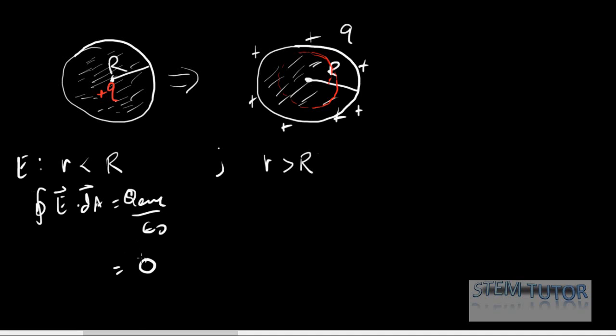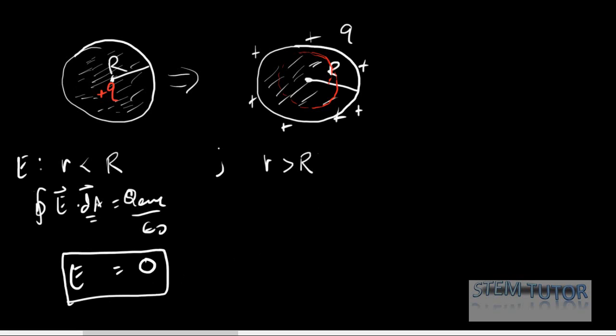But Q enclosed is 0, while your Gaussian surface area is not 0, because that can be anything. So that implies that the electric field is 0. That's always true for conductors: the electric field inside a conductor is 0. So for r less than the radius of the conductor, the electric field is 0.